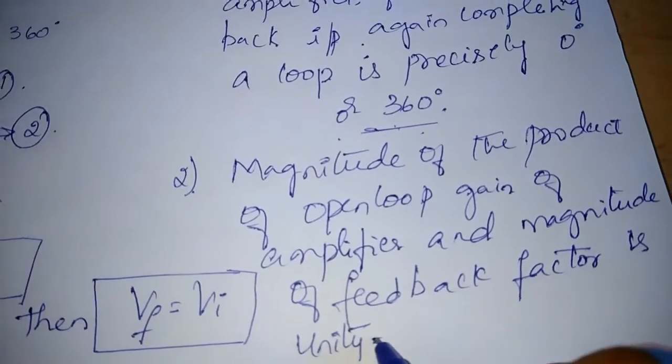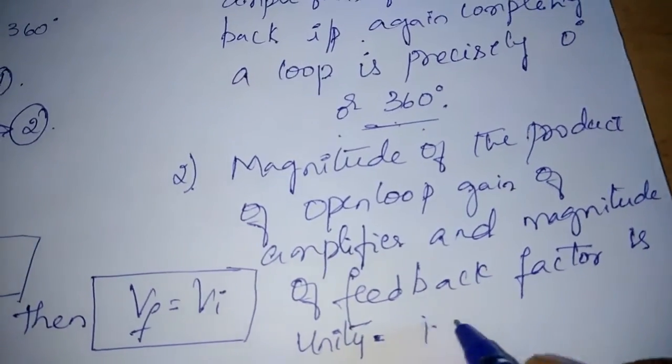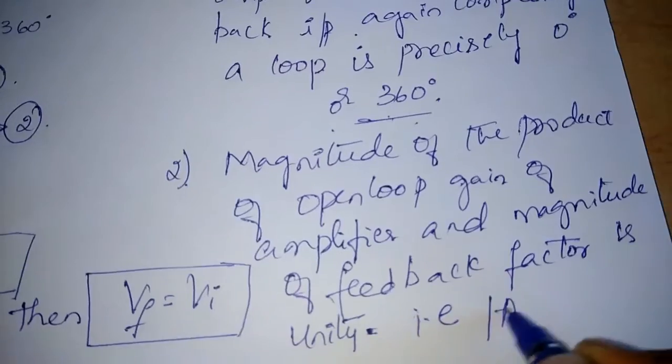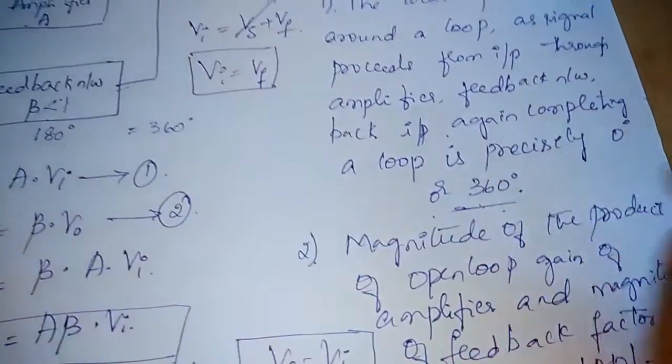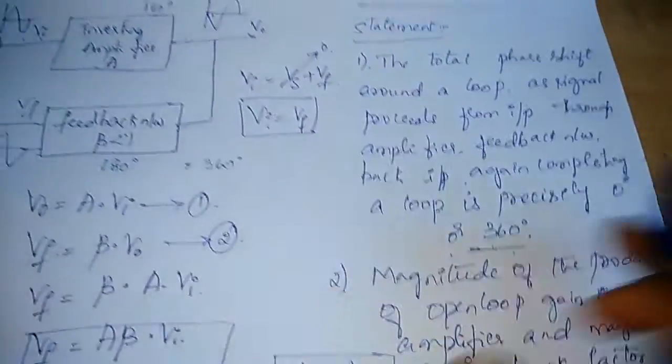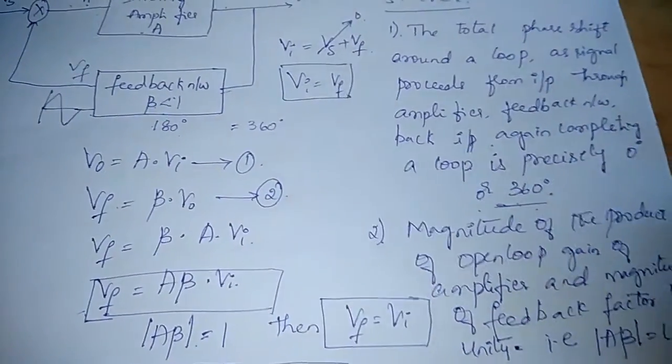That is, A beta should always be equal to 1. These two are the statements of the Barkhausen criteria on which your oscillator works.